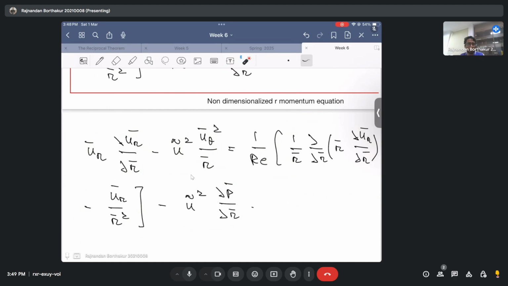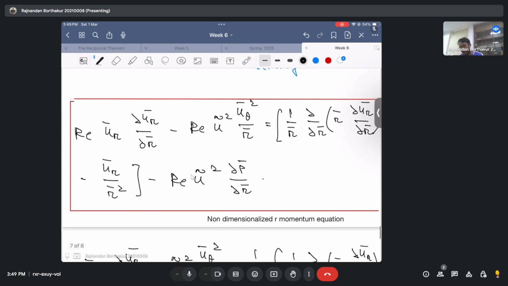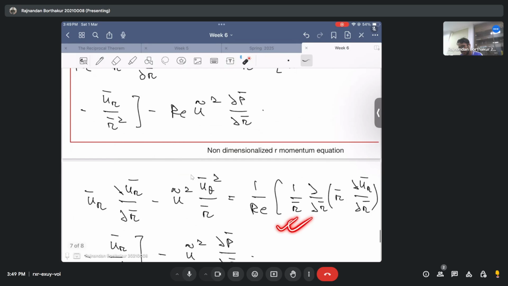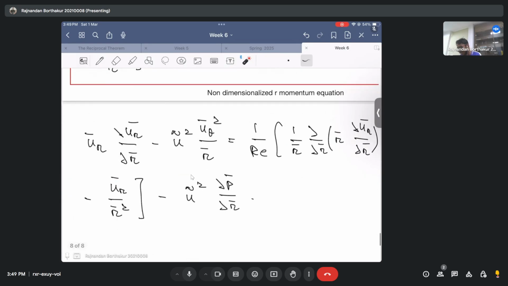You can appreciate this because we did a correct non-dimensionalization in this analysis. This is again the usefulness of writing equations non-dimensionally. But that is not what we are asked to find. We are just asked to find the non-dimensional R momentum equation, and this is what we get.